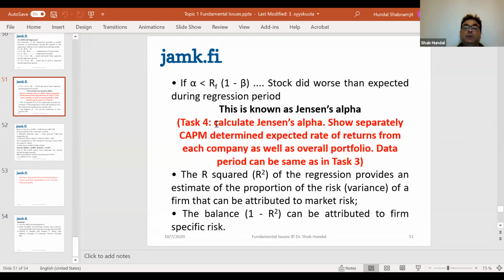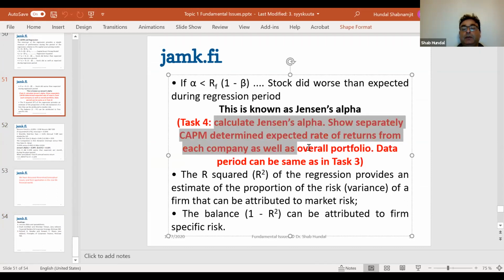This time, you can consider the portfolio as one stock and apply CAPM to calculate what the expectation from the portfolio was. Then you see the portfolio's actual return. So you have the portfolio's actual performance and the portfolio's expected performance, which you obtain through CAPM, and then there is the market return.